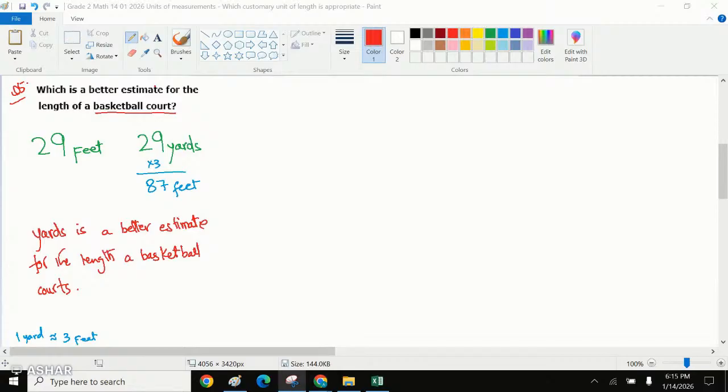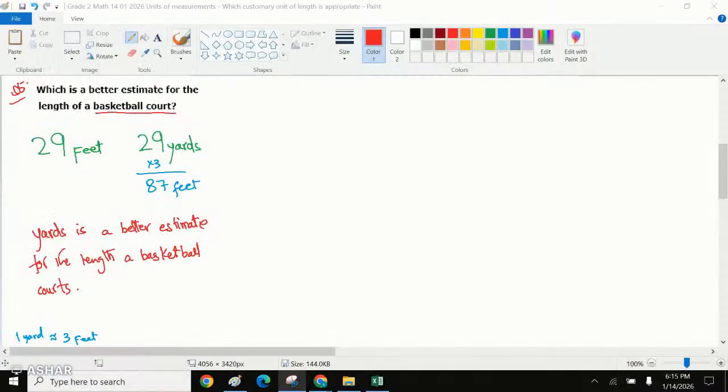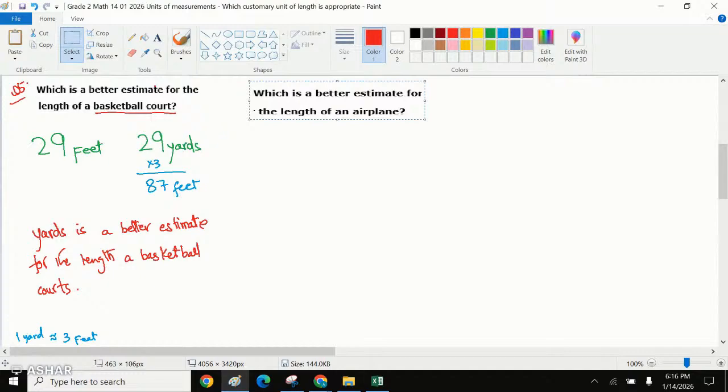Okay, length of an airplane. So an airplane would be bigger than a basketball court, obviously. So let's see what we can do over here for the length of an airplane. Question number 6.